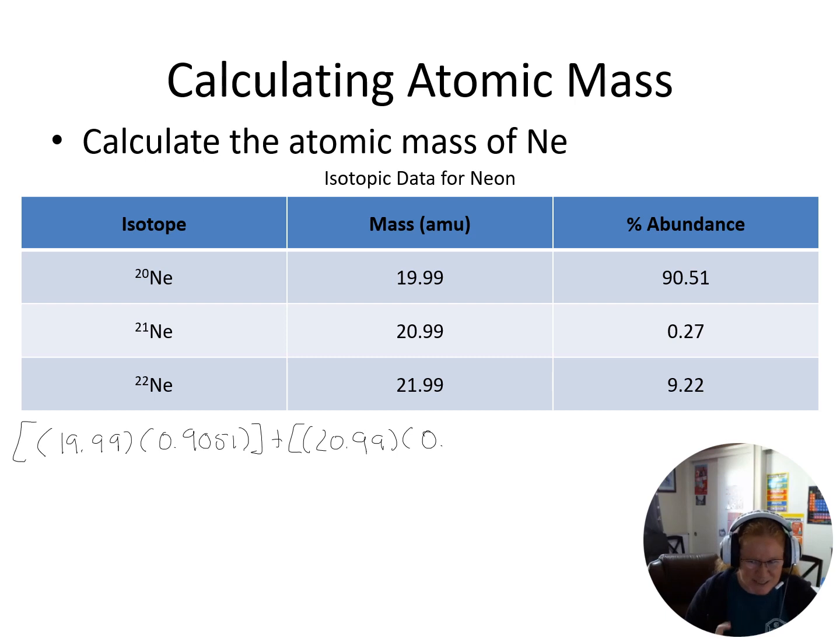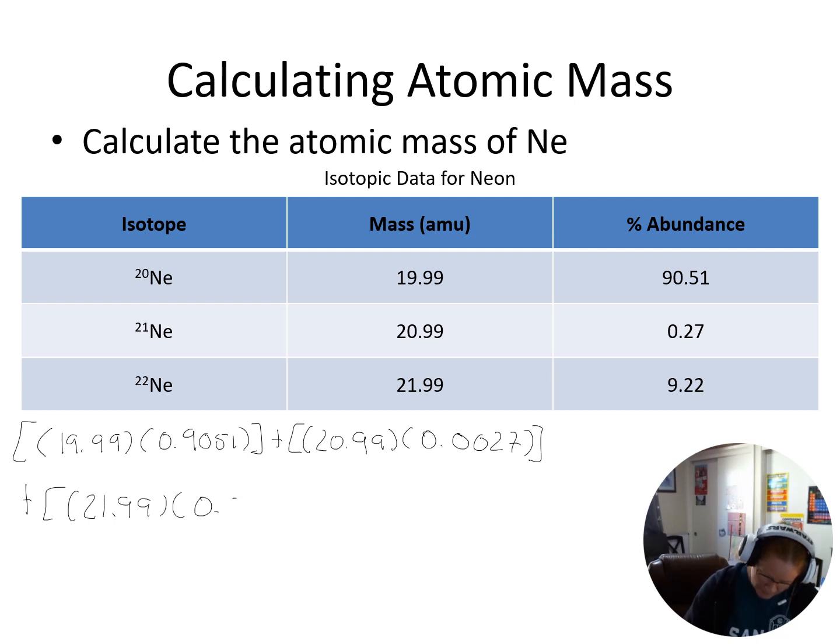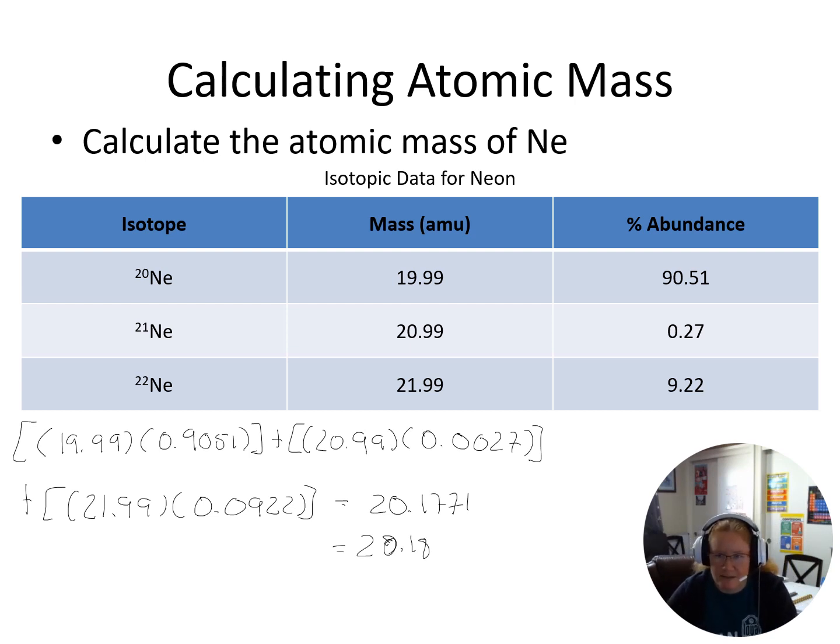Don't forget to convert to decimal form. And my last one. And so when I do this, I get 20.1771, which will round to 20.18 to keep the same number of significant figures as in the masses given there.